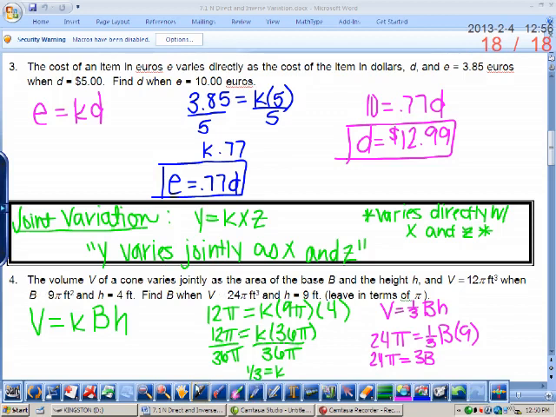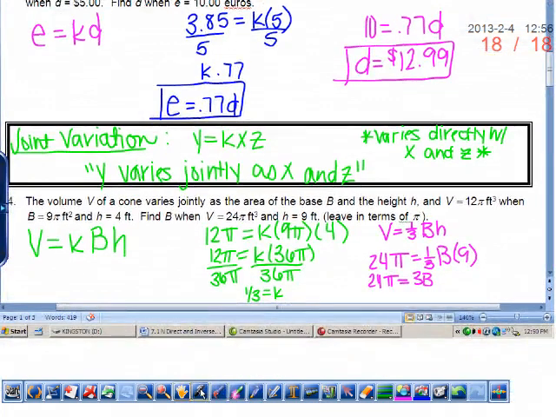Divide by 3, and what would we get? Yeah, so the area of my base B is 8 pi, and what are my units? Feet squared. What does B represent? Area. Questions on that?